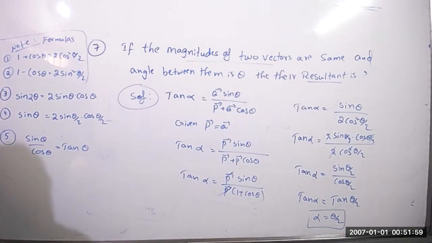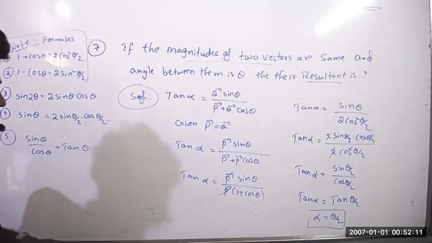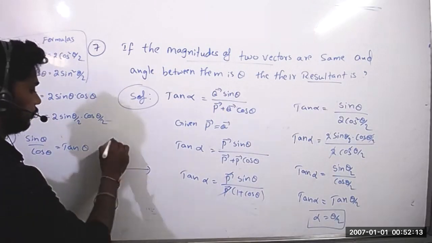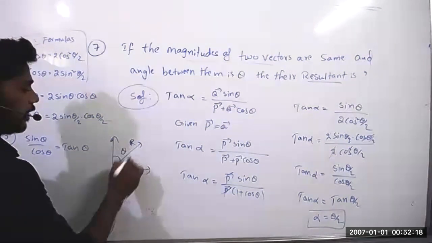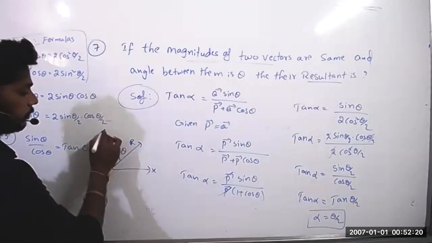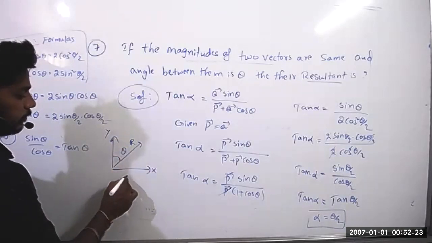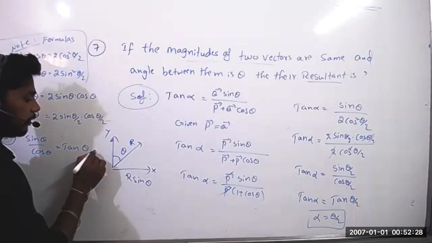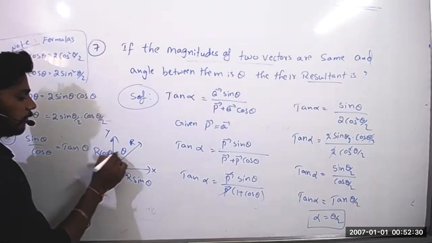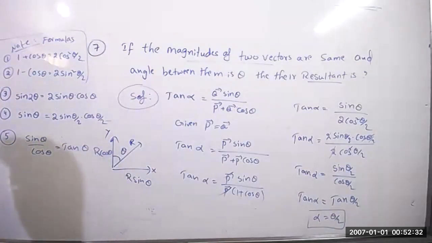Resolution, when you are doing the resolution, cos theta, which side you have to give? Cos theta you have to give to the adjacent side of the angle. Here it is R, so there it will be R sin theta, and R cos theta. Remember which side theta is there.